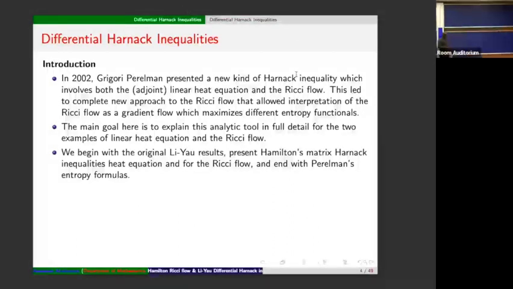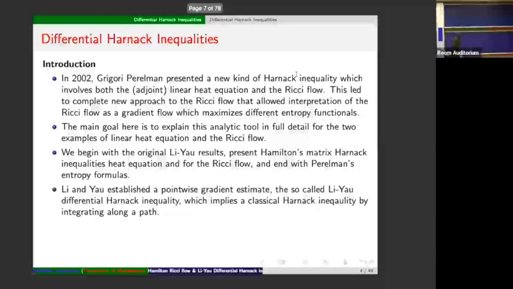We will start with Li-Yau's original result on the linear heat equation. Then we will discuss Hamilton's matrix Harnack inequalities for the heat equation. Then we discuss it for the Ricci flow, and we will end with Perelman's entropy formulas.